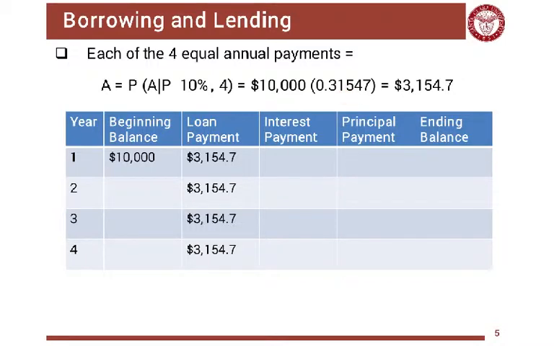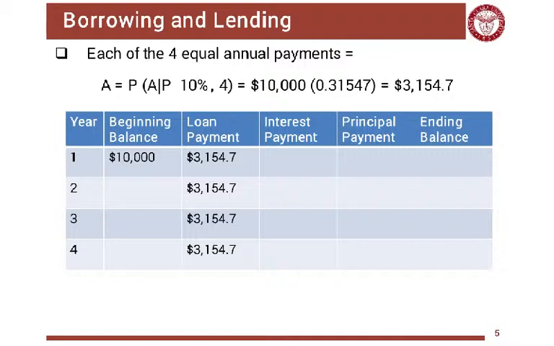Now we'll keep track of the loan payments, break down each one of these into interest and principal payment, and at the end of each period, find the ending balance, which moves to the beginning balance of the next period.